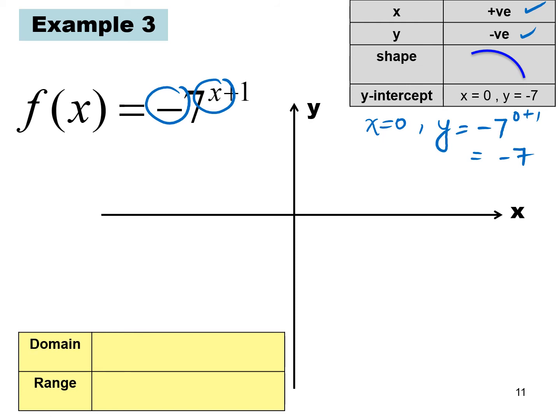So the y-intercept is at negative 7. So we have x positive, y negative, so the shape is like this. So from here we can say that the domain is negative infinity to infinity, or real numbers, and the range is negative infinity, comma 0.